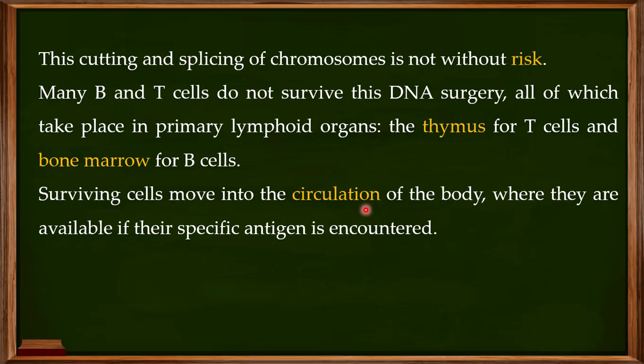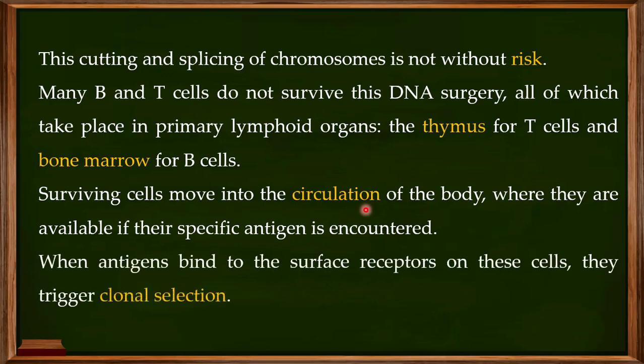So only the surviving cells move into the circulation of the body, where they are available if there is a specific antigen, and they are going to encounter that particular specific antigen which has specific PAMPs. Now, when antigen binds to the surface receptor on these cells, that is going to trigger the clonal selection. Please refer to my earlier videos on clonal selection, where I have a detailed discussion on what this means.